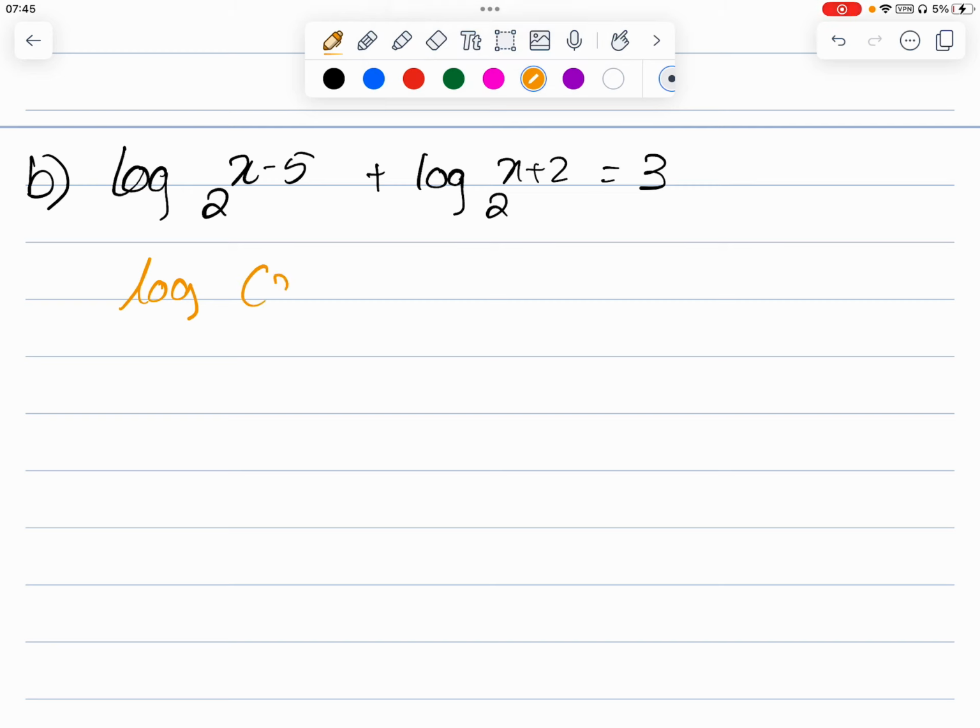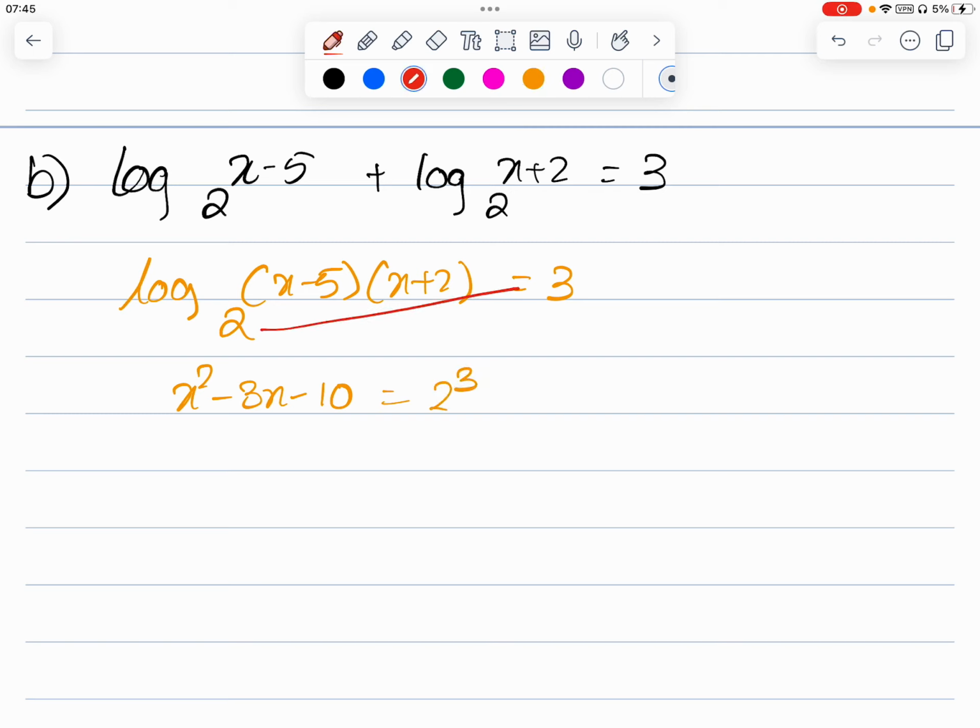So it becomes log (x minus 5)(x plus 2) to the base 2 equals 3. Now convert logarithmic form into exponential form. x^2 minus 3x minus 10 equals 2 power 3. This is 2 power 3. So it becomes x^2 minus 3x minus 10 minus 8 equals 0.